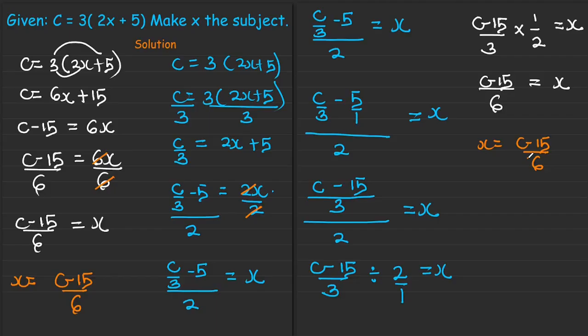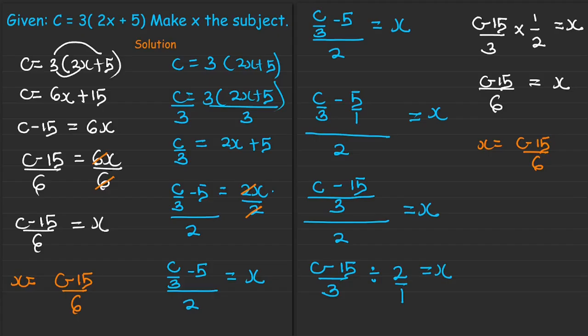But if it is not 1, then you'd weigh the two methods and take the one that will be helpful. Nevertheless, if you were to use this method and arrived at this answer, it is still the same. It is correct, unless you want to simplify further to this form.